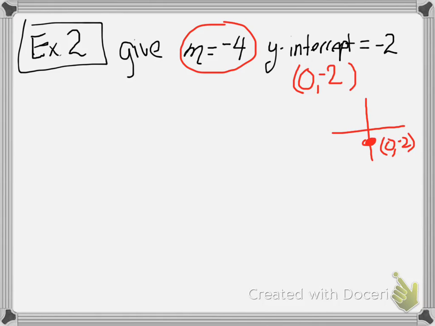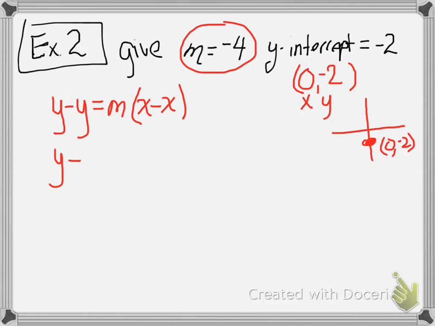So now I'm going to go ahead and put it into point slope form. Again, you need to write it, y minus y, and if you repeat it in your head, you're going to get it faster. y minus y equals m times the quantity x minus x. So now I'm going to fill it in. So I have y minus my y-intercept. This is my x and this is my y.